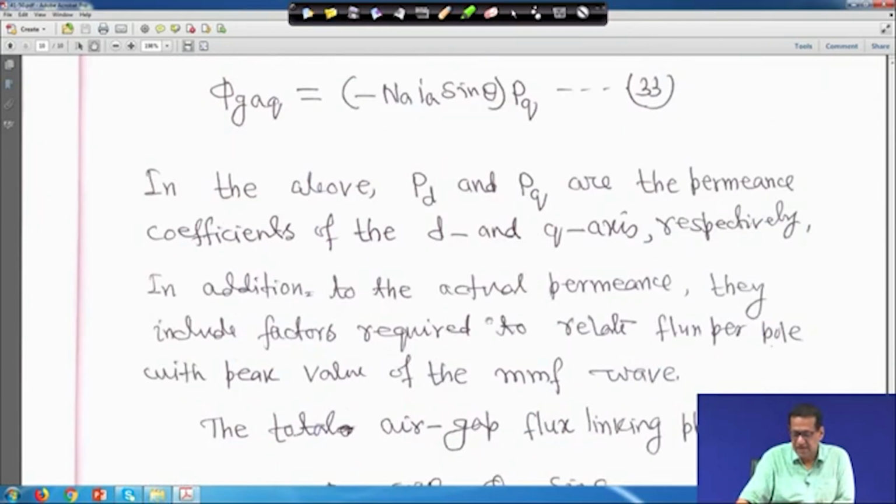In addition to the actual permeance, they include factors required to relate flux per pole with the peak value of the MMF wave.